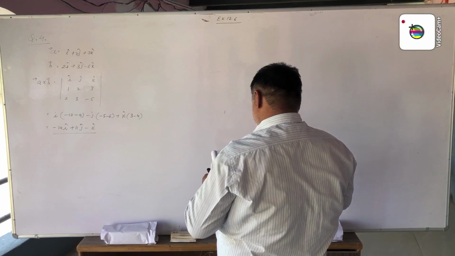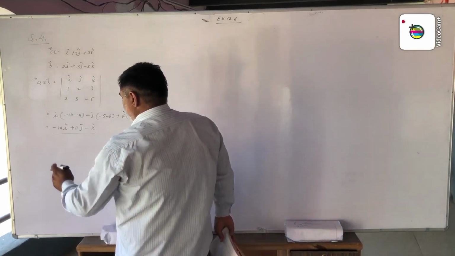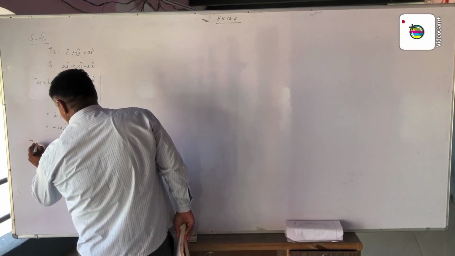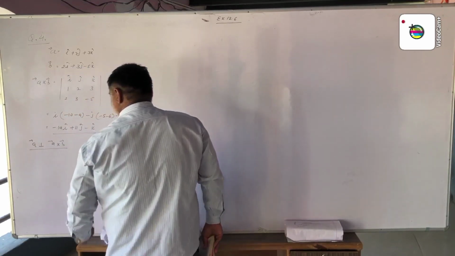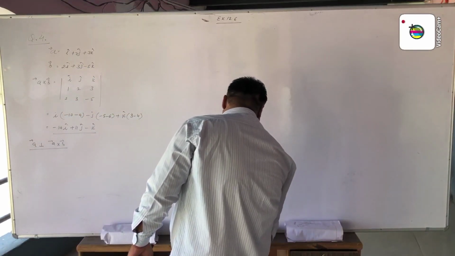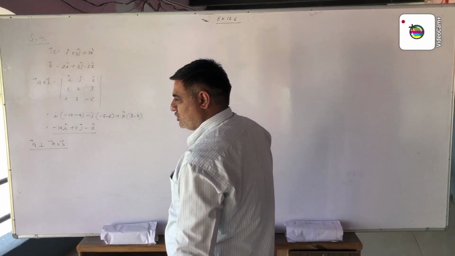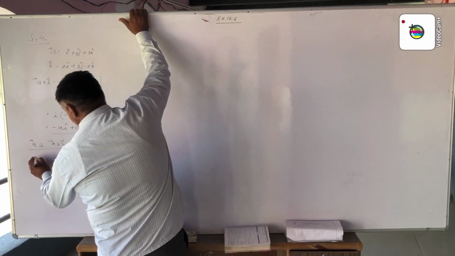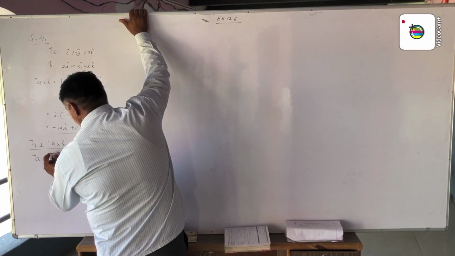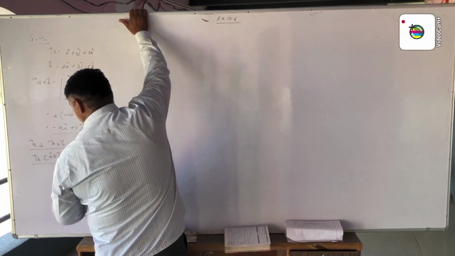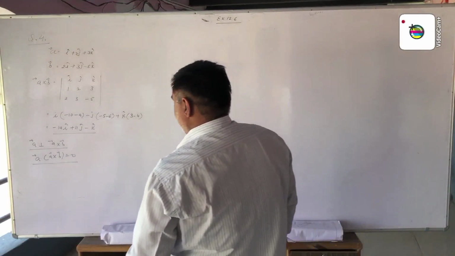Now verify that vector A and A cross B are perpendicular. Now we show that vector A is perpendicular to vector A cross B. For perpendicularity of these two vectors, we apply the formula of exercise 12.5, and the result is cos theta. Cos theta is vector A dot vector A cross B equal to 0. If A dot A cross B is equal to 0, then we find these vectors are perpendicular.